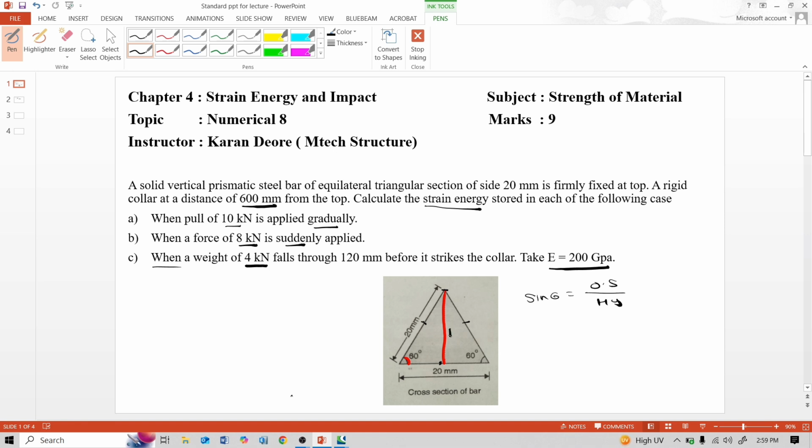Opposite side let us denote as small h, so h upon hypotenuse 20 mm, and angle is 60 degree.